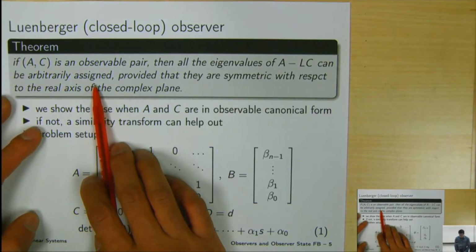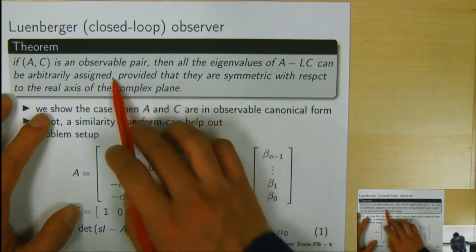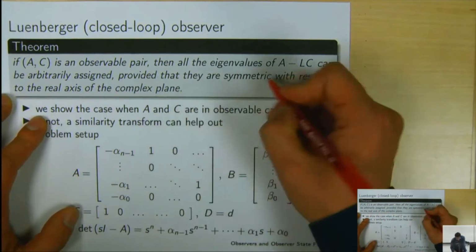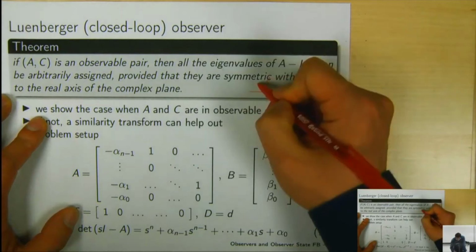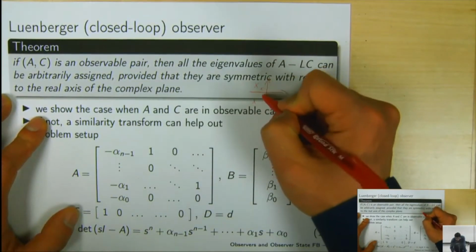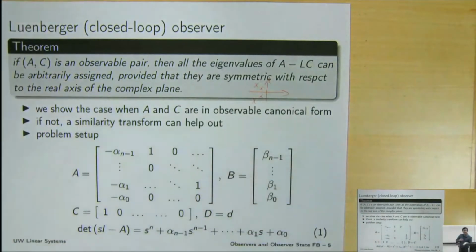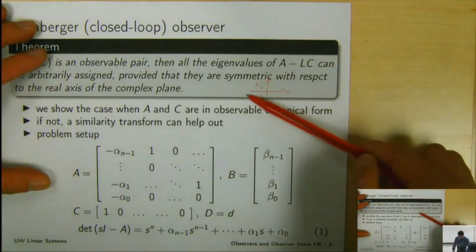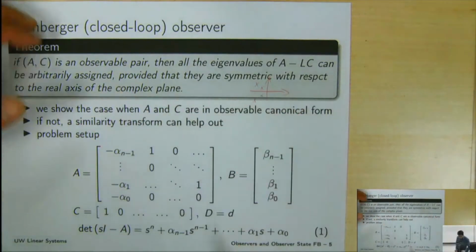All right? The only requirement is that they are symmetric with respect to the real axis of the complex plane, right? So what we mean is that the eigenvalues always appear in pairs if they are complex, so they should be symmetric with respect to the real axis.